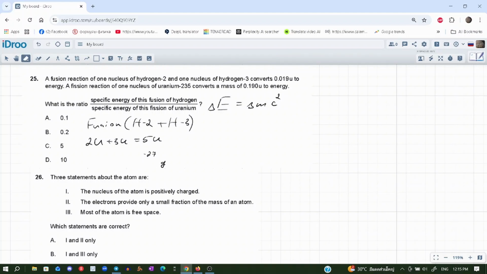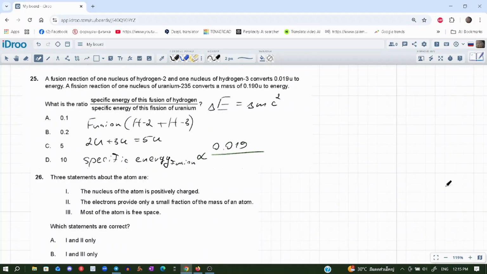But we don't really need to remember this here. We will just say that the specific energy of fusion is proportional to 0.019 divided by 5, because we just lost our units of atomic mass here.